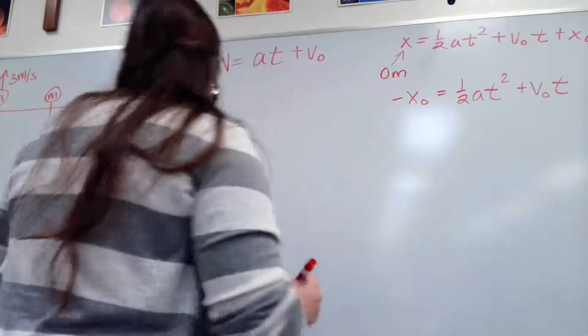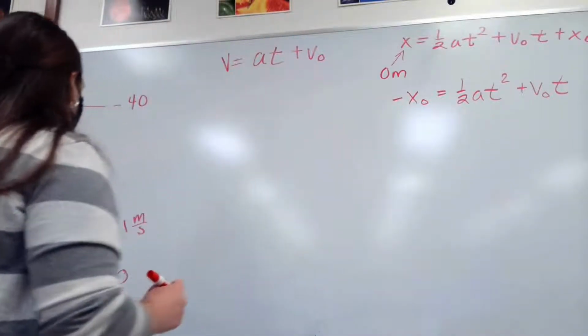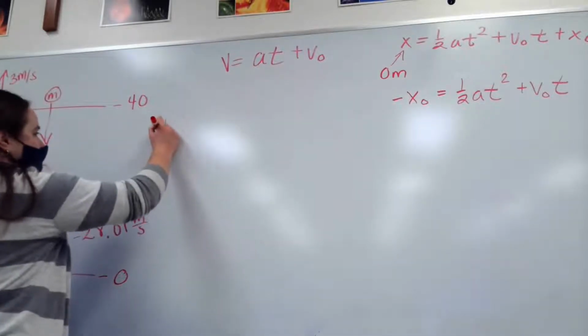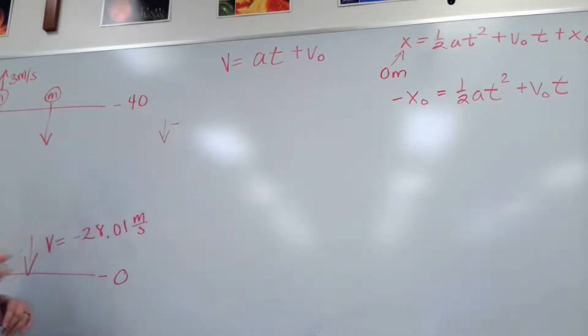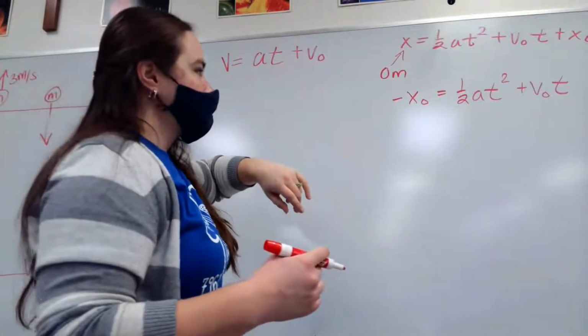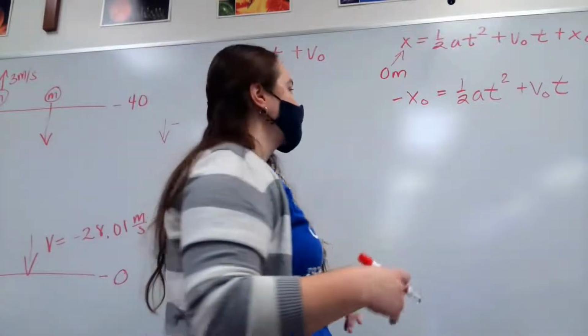All right. So let's make sure that our numbers are in here correctly. We said that down is negative. So our initial position is 40 meters above, so it's going to be positive, right? Actually, if we're using the quadratic equation, it doesn't actually matter because I'm putting it in the computer.